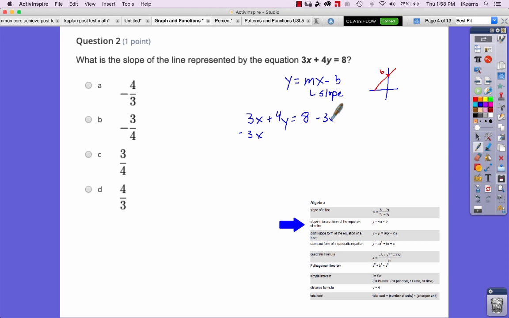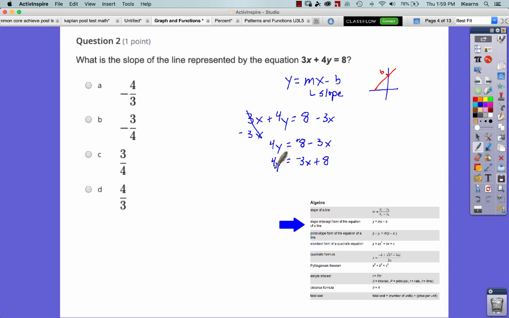These cancel out, and now we've got 4y equals 8 minus 3x. Normally you always want to write the x first, so I'm going to switch these around. This becomes 4y equals negative 3x plus 8.